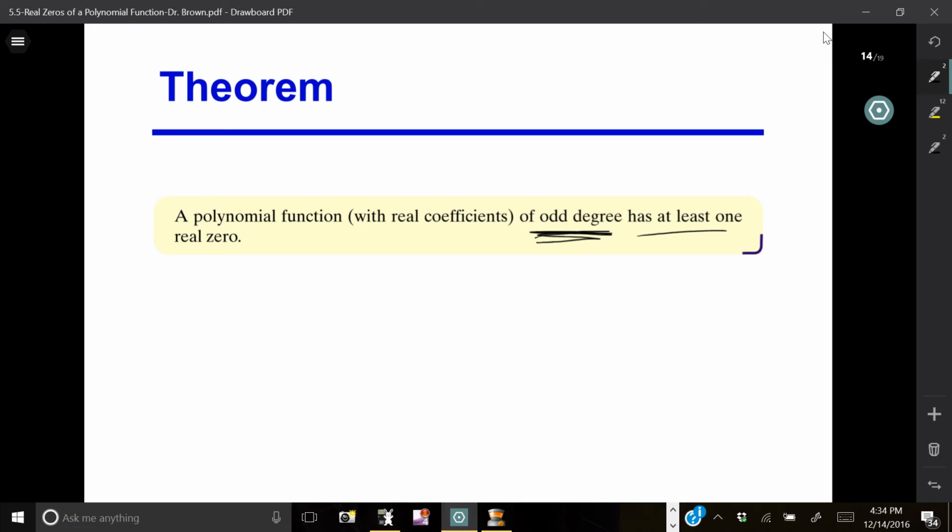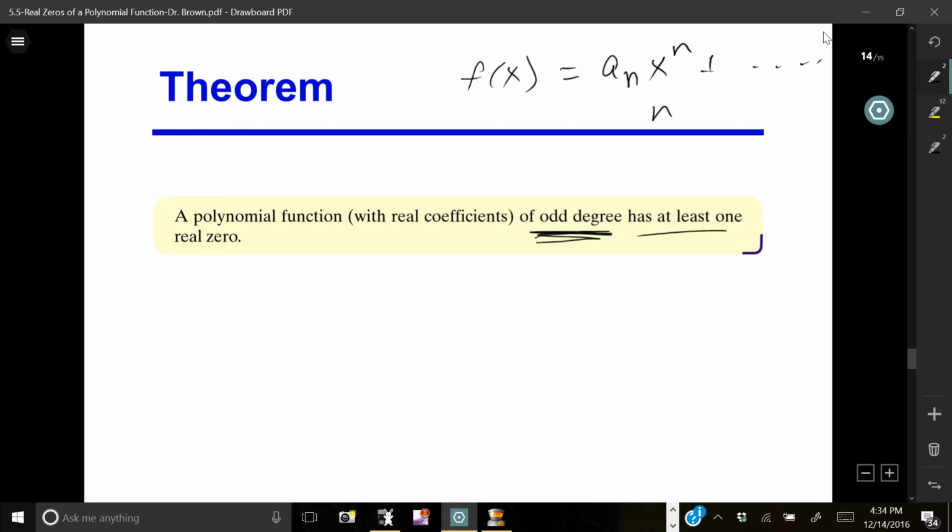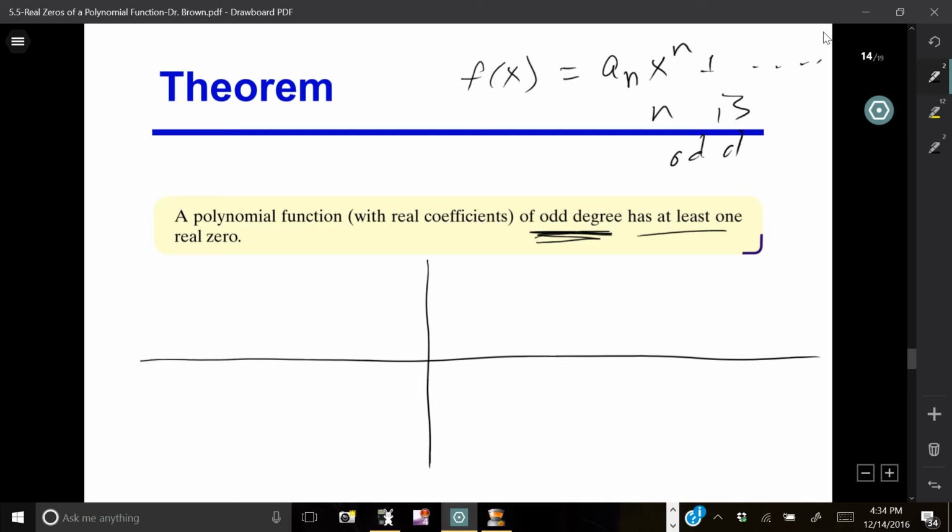Well, if f of x is of odd degree, n is odd, then no matter what the function looks like in between, it's got to be up on the right and down on the left.